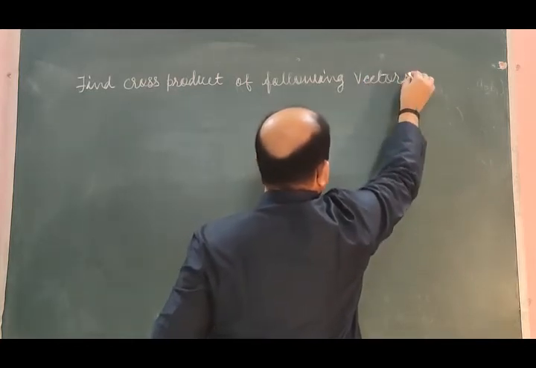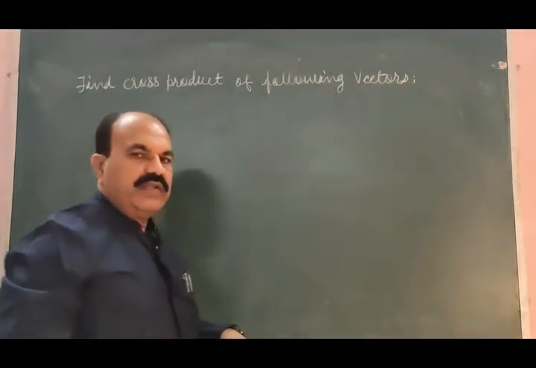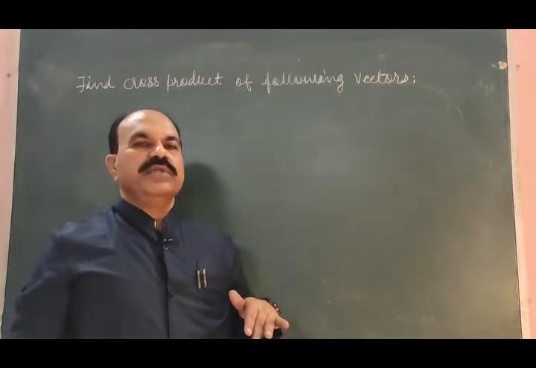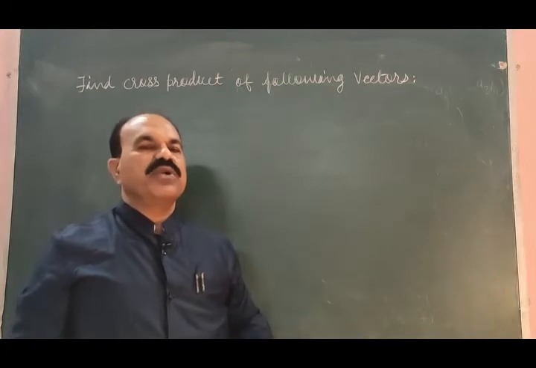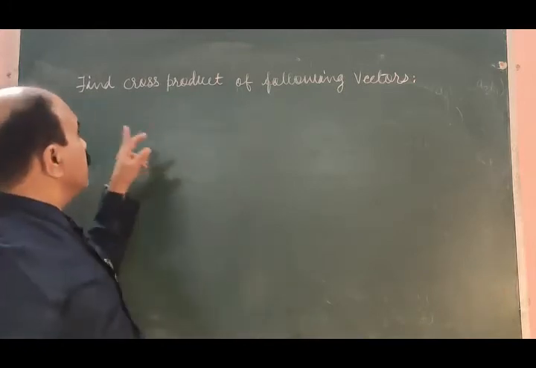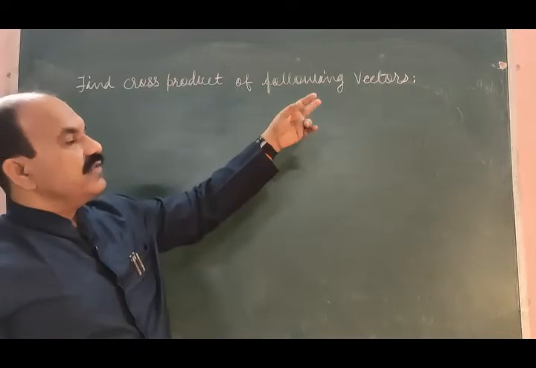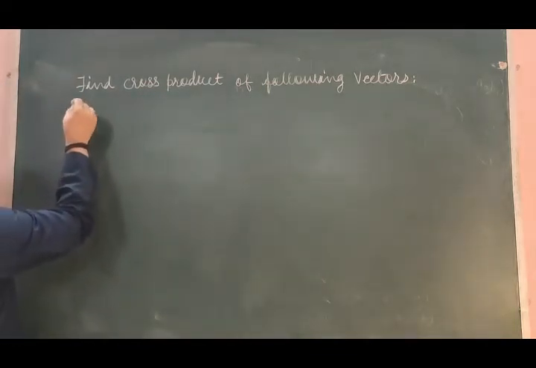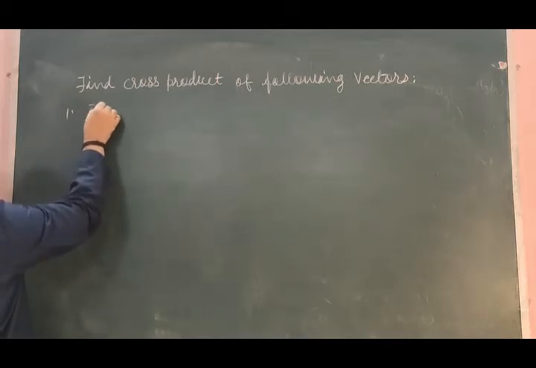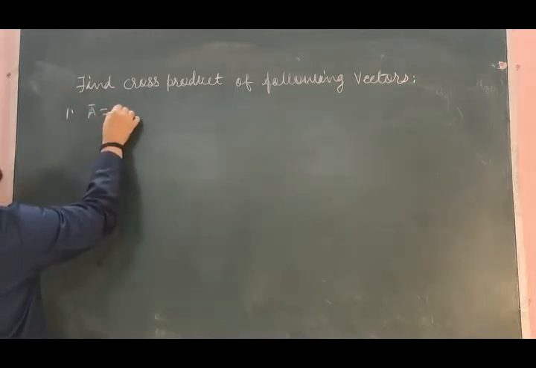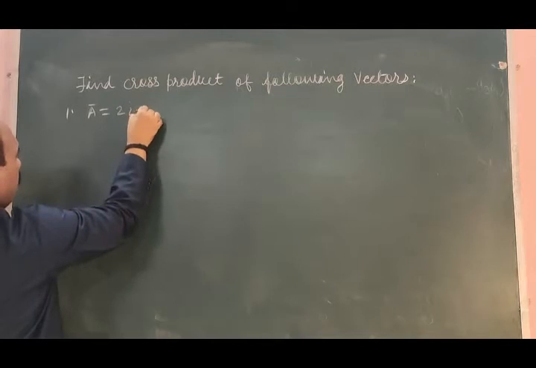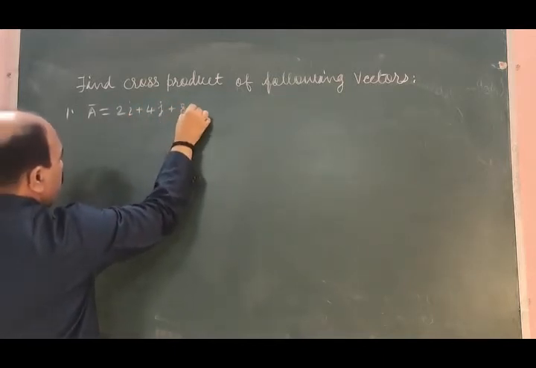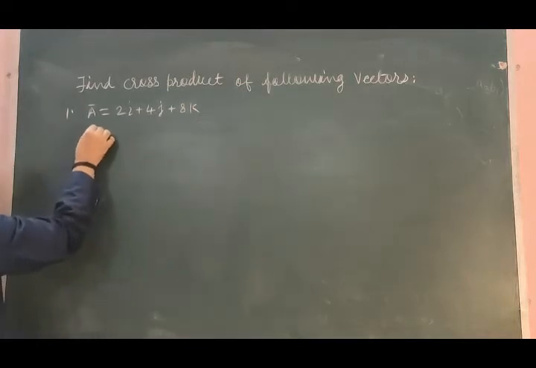Let us work out a few problems on cross product or vector product of two vectors. Find cross product of following vectors. First example, vector A is equal to 2i plus 4j plus 8k.